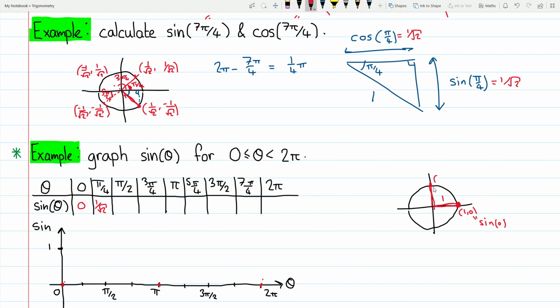And so this is going to have coordinates 0, 1. So our sine is going to be the second coordinate, so that's going to be 1. Here we get 1 over square root of 2 again, if we look at the triangle. And you can fill these out. If you have the whole pi, then this is going to be negative 1, 0. So this is, of course, going to be 0. And then you've got symmetry, negative 1 over square root of 2, and then 0 again.